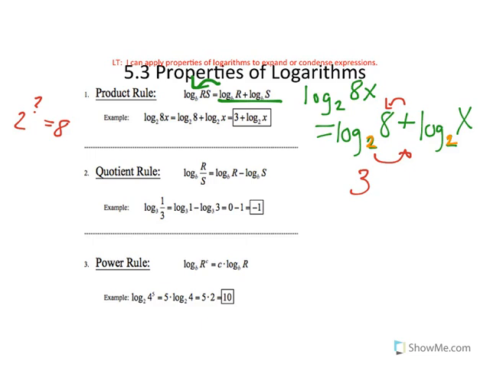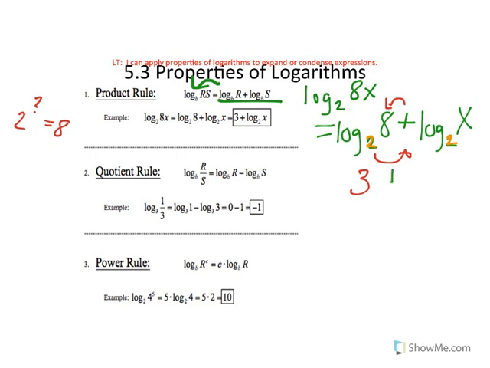My only response will be, do you know your properties? And if you say yeah, then I'm going to say, well, then you should be able to do it, because the properties tell you exactly what you should be doing. Okay? So please, if you have not learned your properties from 5.2, you need to study them ASAP. And you need to learn the new properties for today's class as well.